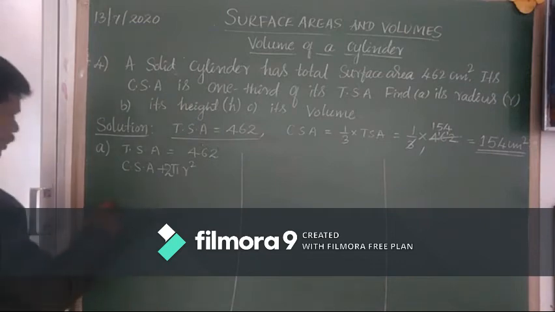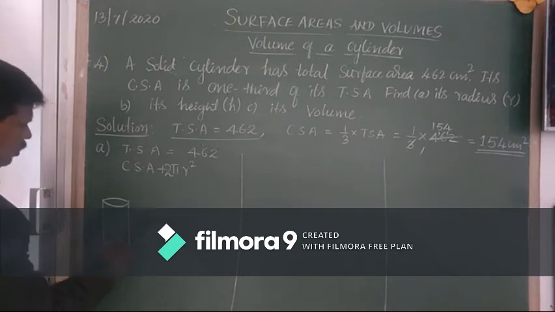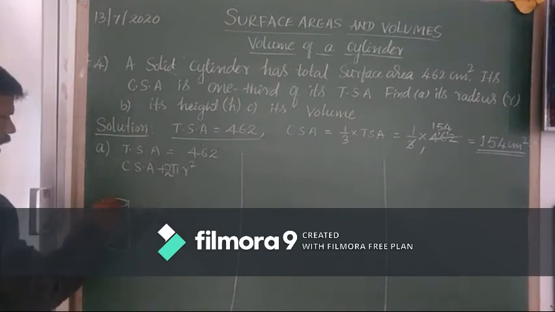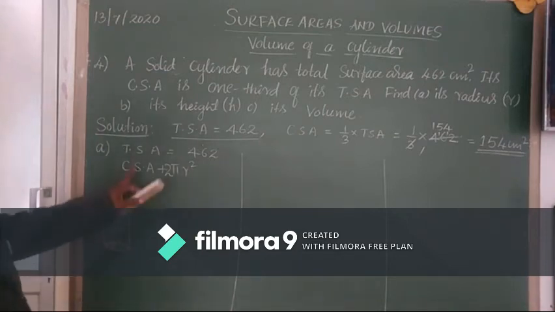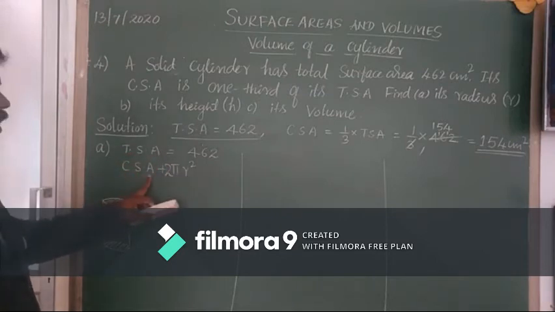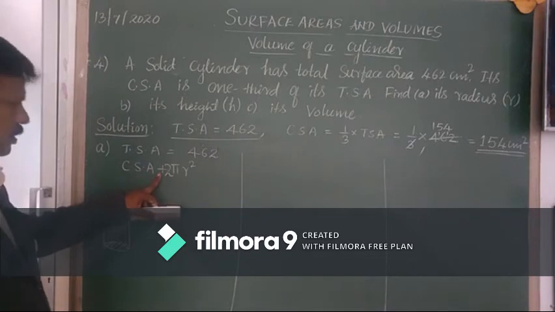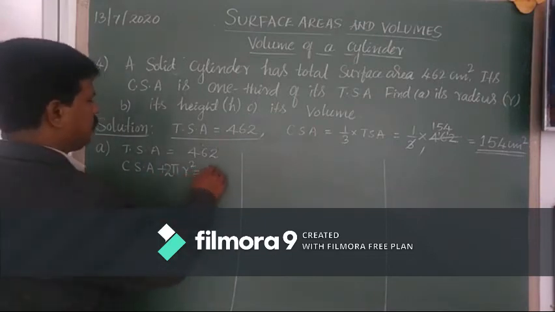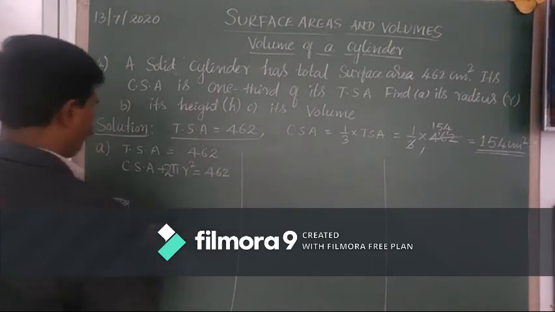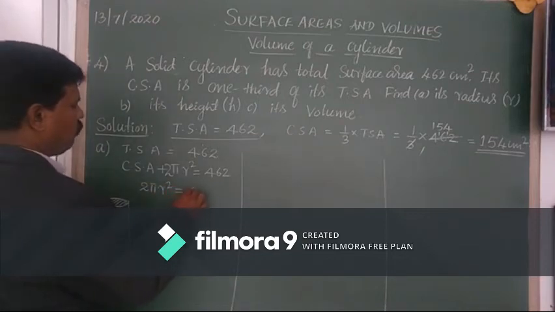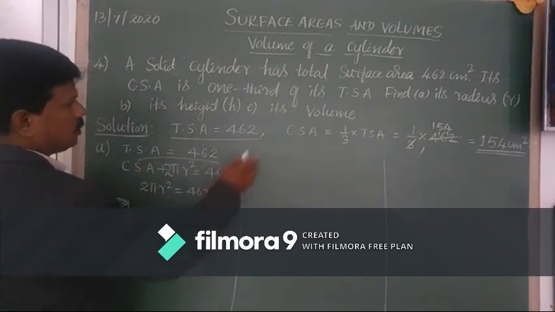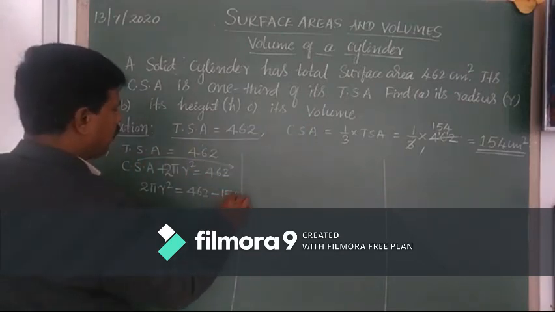So you know that this is the cylinder. For this curved surface area, if you add two base areas, then it becomes total surface area. So I have written this in the form: curved surface area plus 2 pi r square is equal to 462. Now 2 pi r square is equal to 462 minus, shift this curved surface area to this side, that is 154.